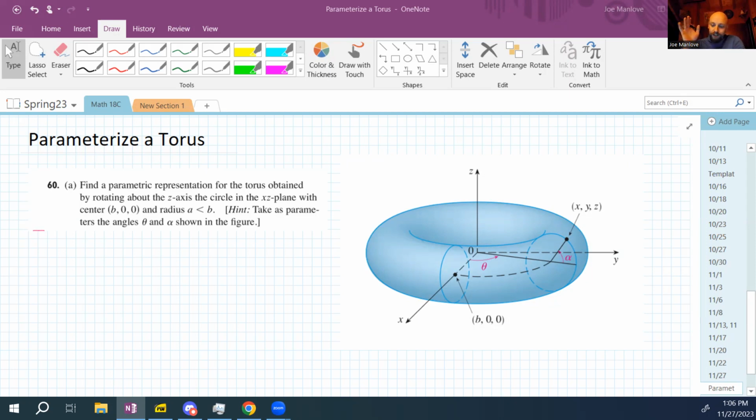So our first level hint is we're looking at these two circles, right? There's a dashed circle that goes around the z-axis, that's this circle here, which I'm outlining in red. And then there's another circle, which I'm going to outline in pink, and that's the one that's getting spun around.